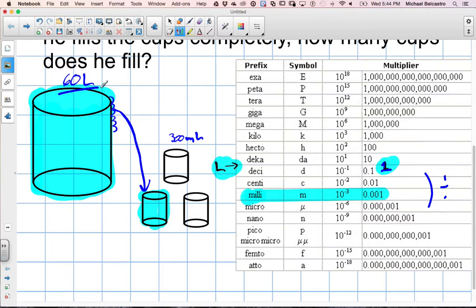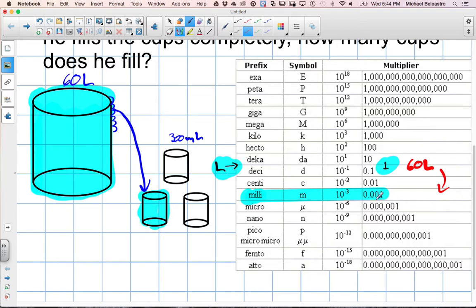Would you like to convert liters into milliliters, or milliliters into liters? Liters into milliliters. Okay, so we're going to convert our 60 liters, which fall at that part of the chart, into milliliters.